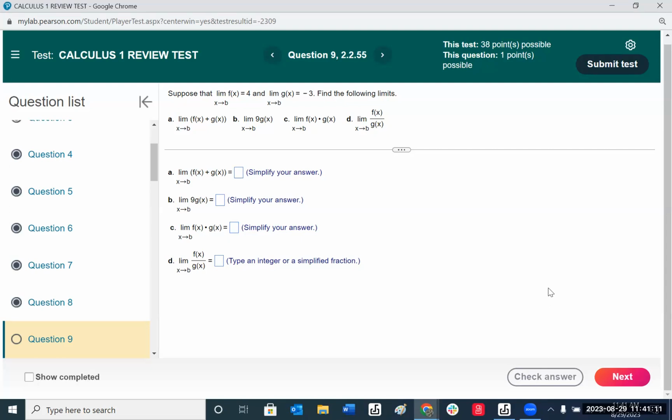B, the limit of 9 times g of x as x approaches b. C, the limit of f of x times g of x as x approaches b. And D, the limit of f of x divided by g of x as x approaches b.